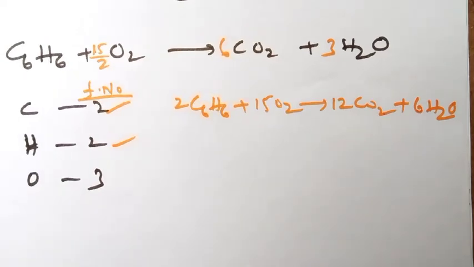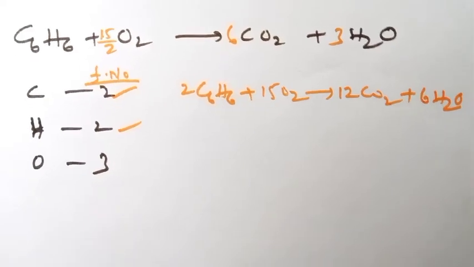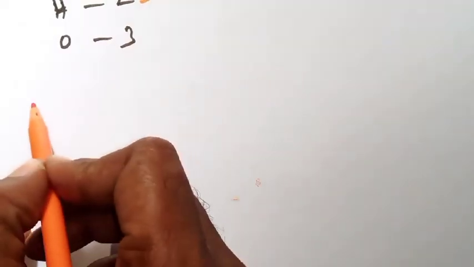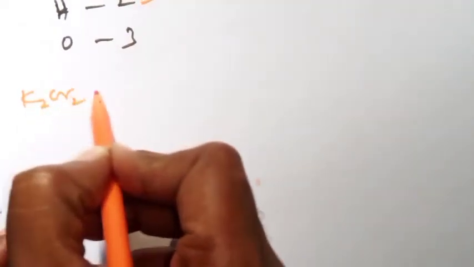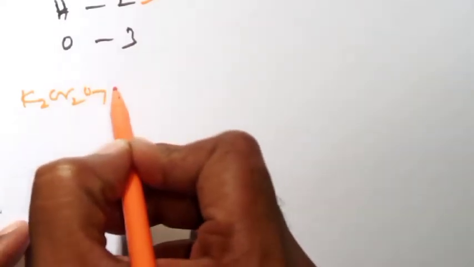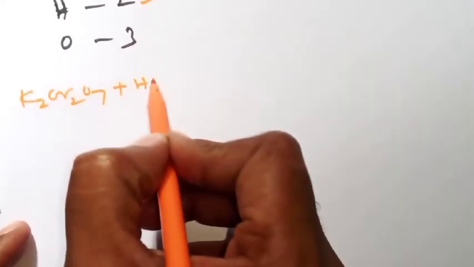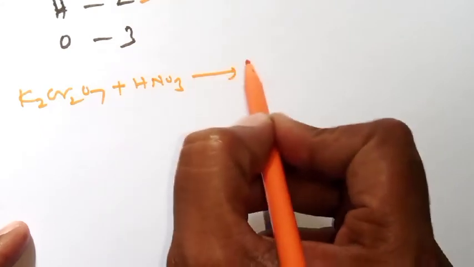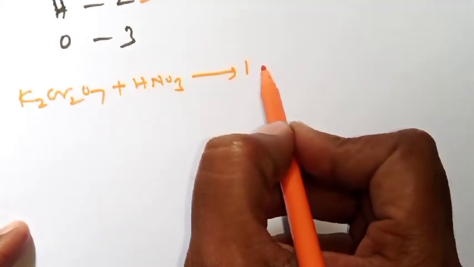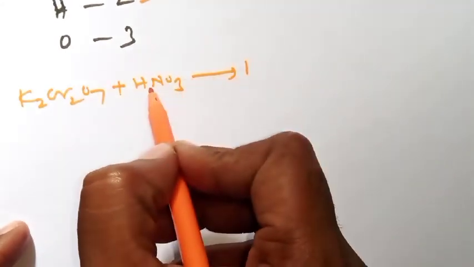Now we shall take a somewhat larger number of reactants and products. We shall take one more example. See this, K2Cr2O7 plus HNO3 gives... we can take H2SO4 here.